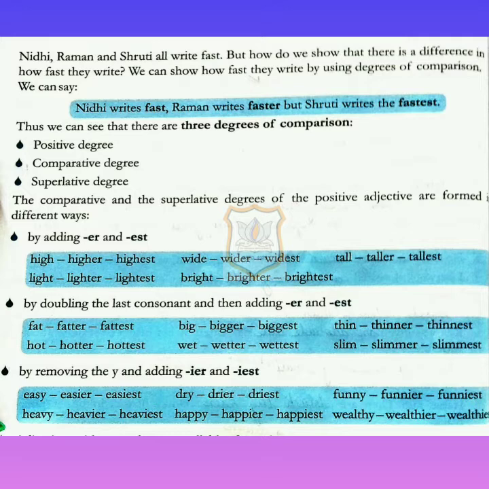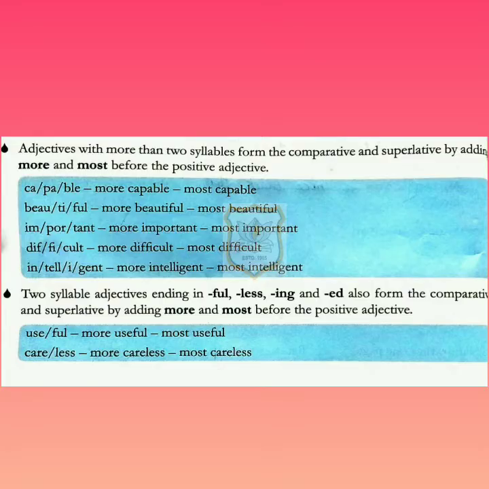Funny, funnier, funniest. Wealthy, wealthier, and wealthiest. So these are the three different ways in which the comparative and superlative degrees of the adjectives are formed. Adding er and est, by doubling the last consonant and then adding er and est, and by removing the y and adding ier and iest.